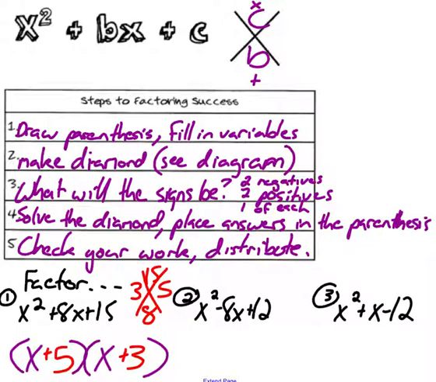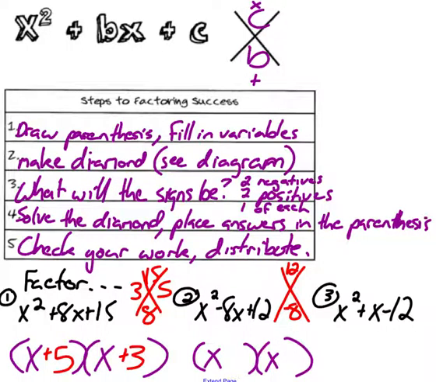Let's try that again. So assuming we can actually factor this, which we can. This is standard form. We want to factor it. So we'll write our factored form and put x's in front today. And then we'll make our diamond problem to figure out what goes after the x's. So numbers that multiply to our constant, numbers that multiply to 12, and add to negative 8.